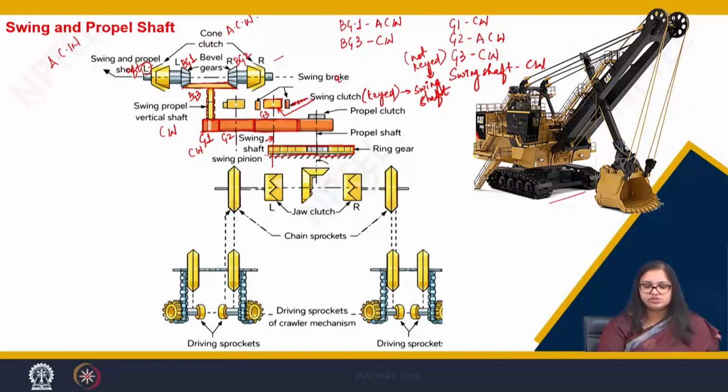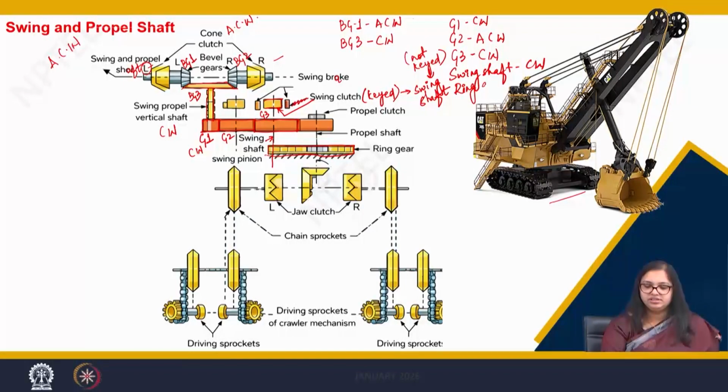Now, when my swing shaft rotates in clockwise direction, it completely rotates my ring gear. When it is rotating in clockwise direction, it would rotate my ring gear in anti-clockwise direction.